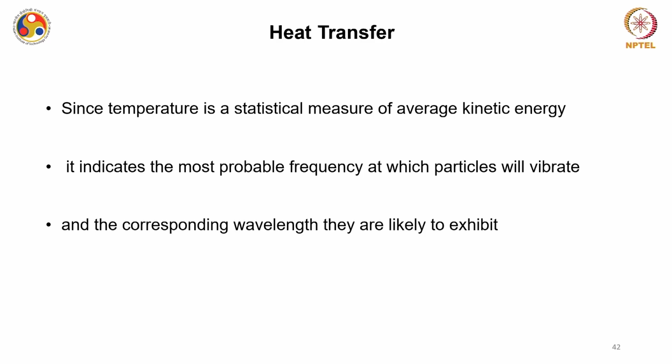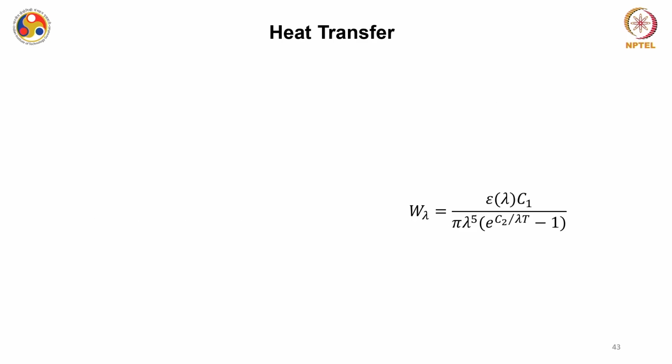Since temperature is a statistical measure of average kinetic energy, it indicates the most probable frequency at which a particle will vibrate, and the corresponding wavelength they are likely to exhibit. So, this gives both temperature and wavelength.